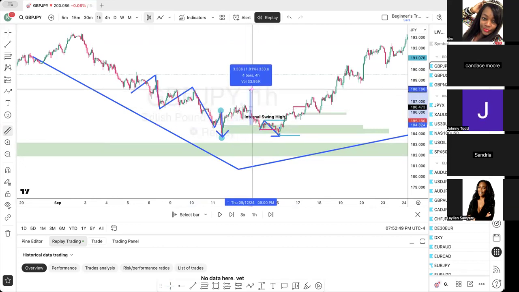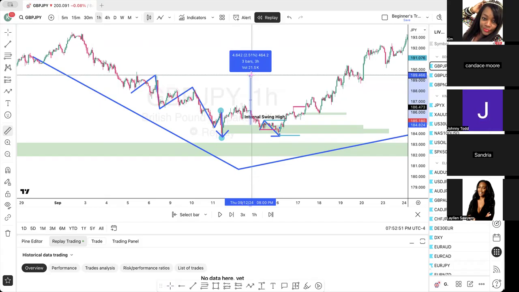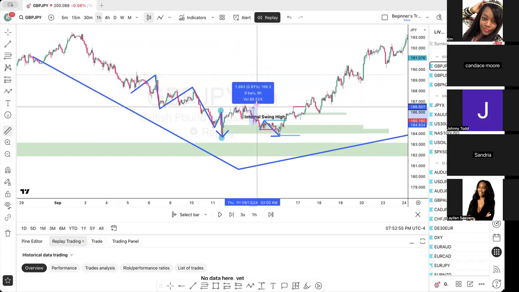That's 330 pips. This is 464 pips. So it's up to you where you want to take it. Even if you just want to take it up to this high, it's 194 pips. Again, that's all dependent on the type of trader you want to be. Does that make sense?